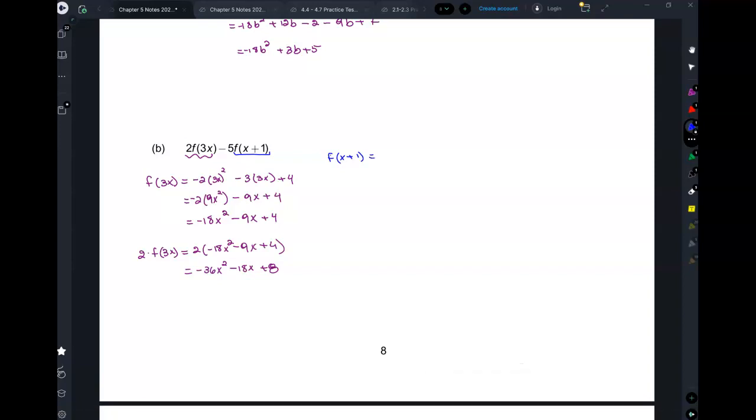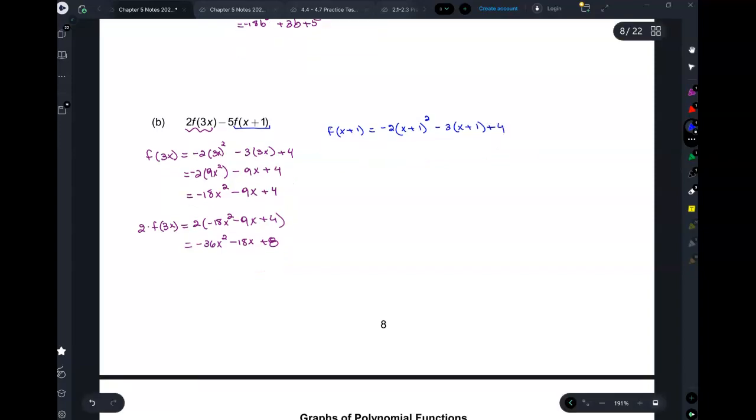Okay, f of x plus 1. So let's see, that's negative 2 times (x plus 1) squared, minus 3 times (x plus 1), plus 4. Okay, so negative 2. Here we need to square this. So it's going to be x squared plus 2x plus 1, minus 3x minus 3 plus 4.